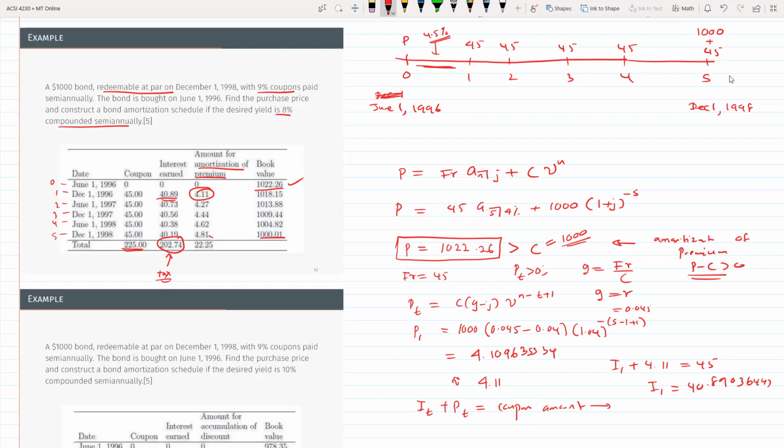And then the amortization of premium is $22.25. If you graph it, you would see that it looks like this. Okay. So you can start from time 0, which is basically 1022 and 26 cents. And then this is time 5. This would be $1,000. And then you have all these book values in the middle.